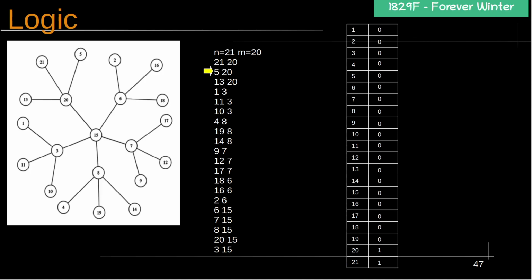If we are now at 5, 20, we go to 5, we add 1, and we go to 20, we add 1. It becomes 2. 13, 20, we go to 13, we add 1, and we go to 20, and we add 1, it becomes 3. 1, 3, we go to vertex 1, we add 1. This is the degree of 1 for now. And go to 3. This is the degree of vertex 3 for now.